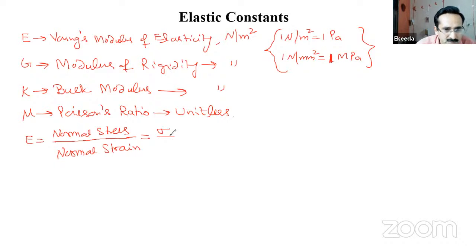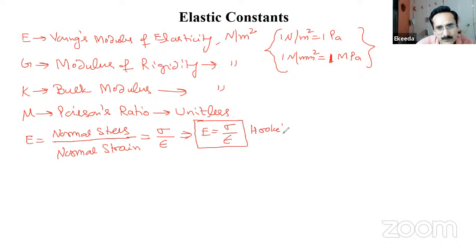So stress upon strain is the modulus of elasticity. You have to remember this formula, and whenever required we will use it. Normal stress upon normal strain is the Young's modulus of elasticity, which came from Hooke's law.